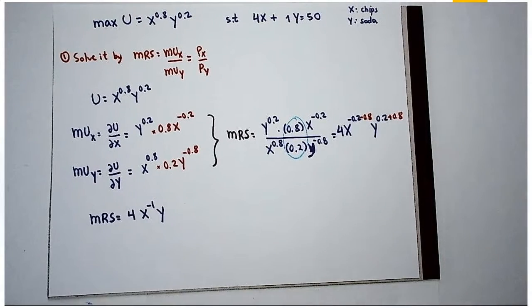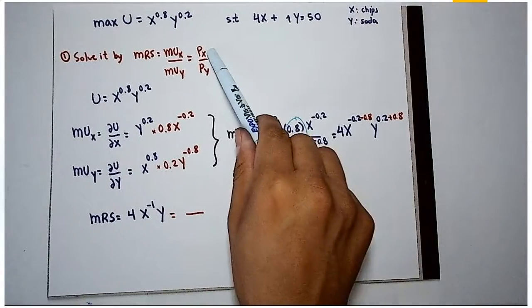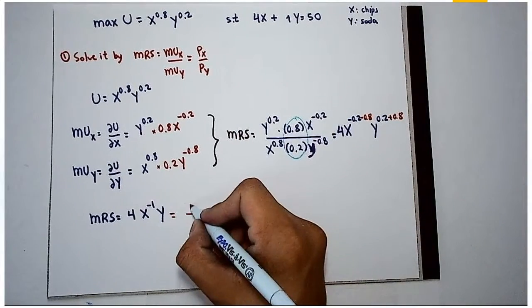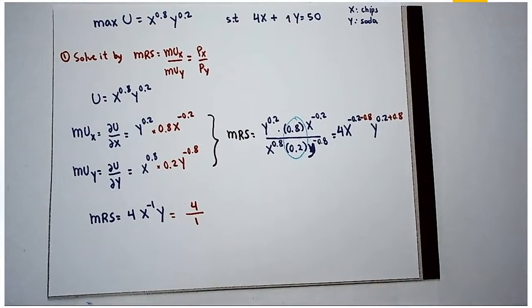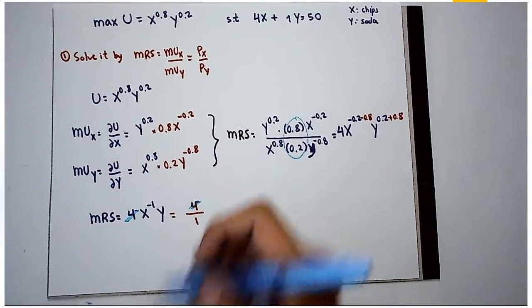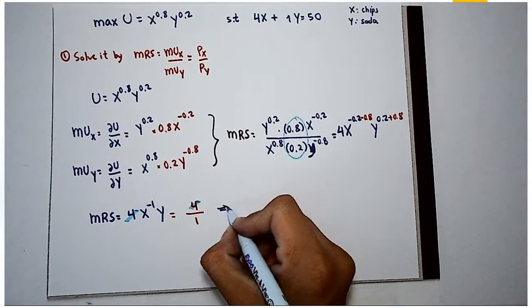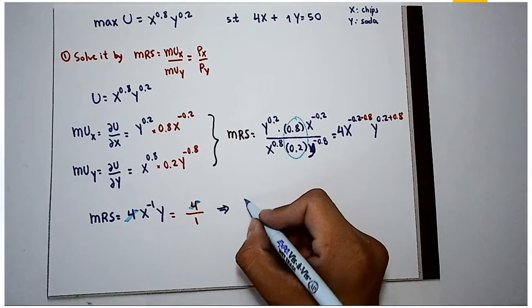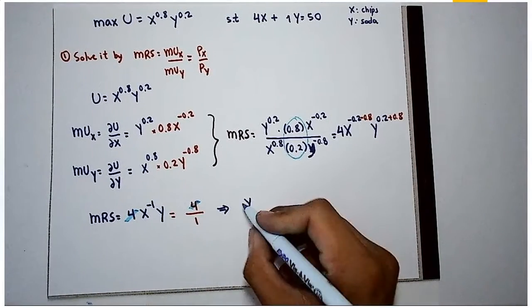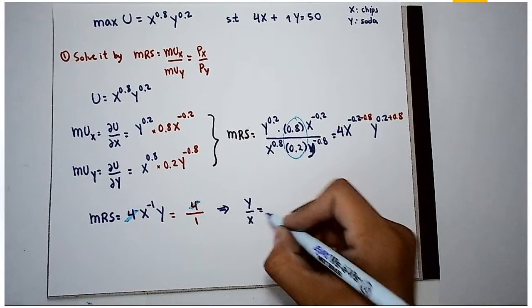And this has to be equal to the ratio of prices. Here the price of x was 4 and the price of y was 1. So this means that this and this cancel out. And we have y times x to the minus 1, which is y over x, and this is equal to 1.